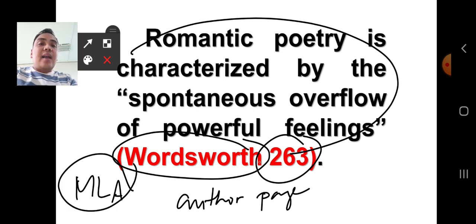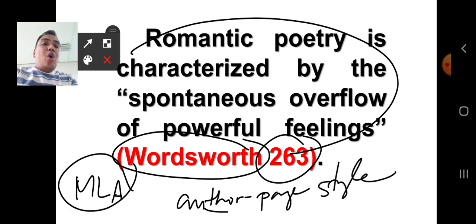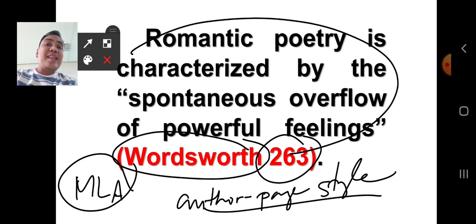Thus, MLA style is also known as the author page style. So this will be the main difference between APA and MLA. So to have an analogy, APA is to author date style. On the other hand, MLA is to author page style.